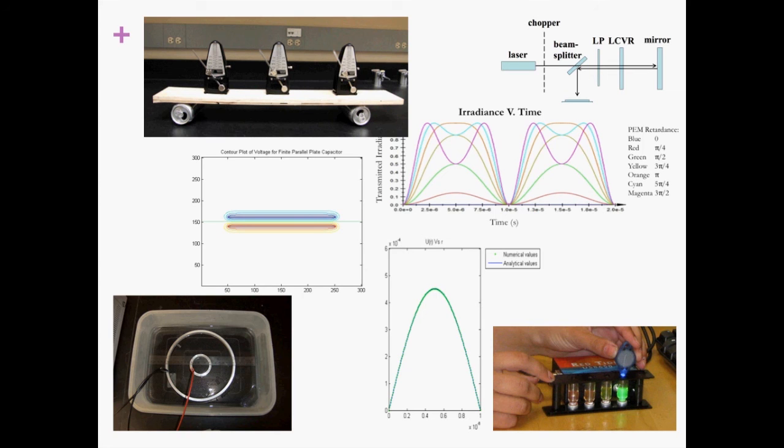And finally, in quantum mechanics, we are using quantum dots to explore the particle in a spherical box, both in theory, numerically, and in an experiment to use the emission spectra of these quantum dots to tie that to their size.